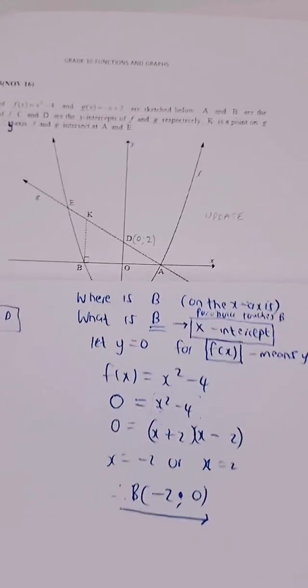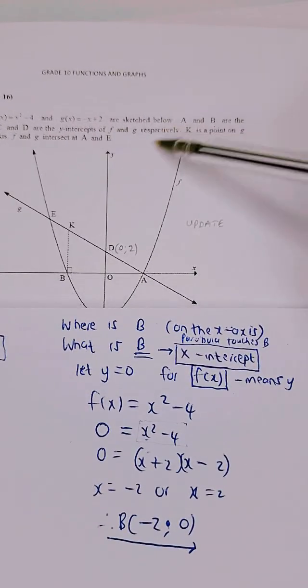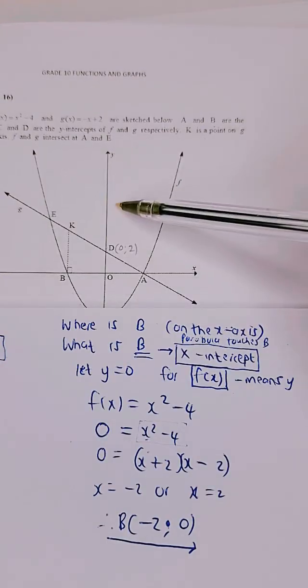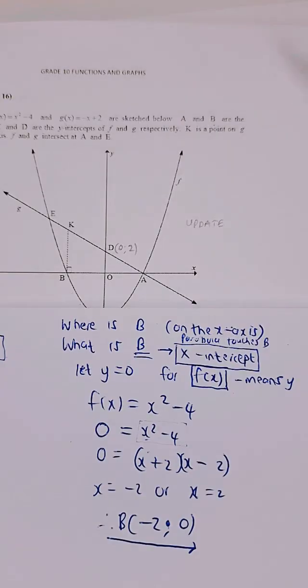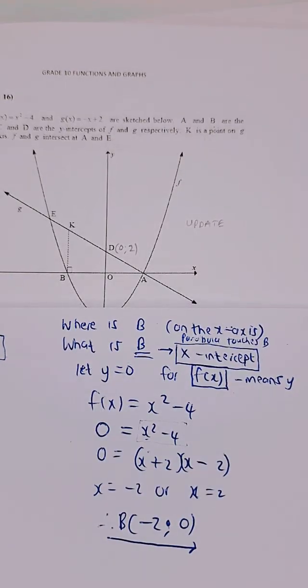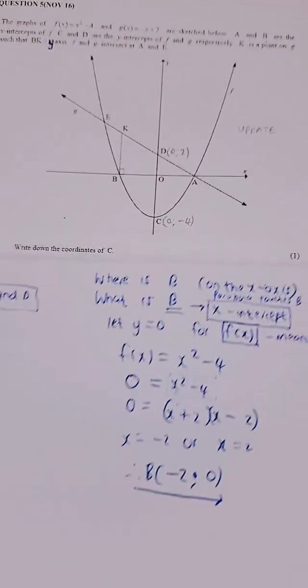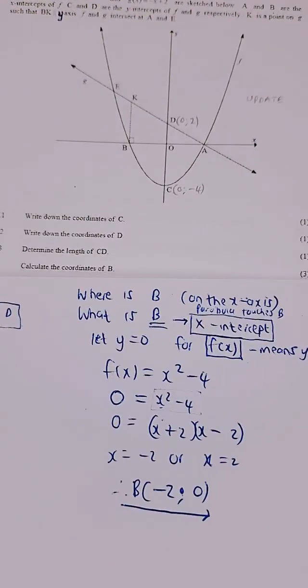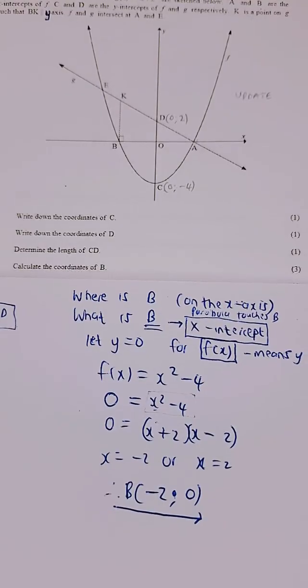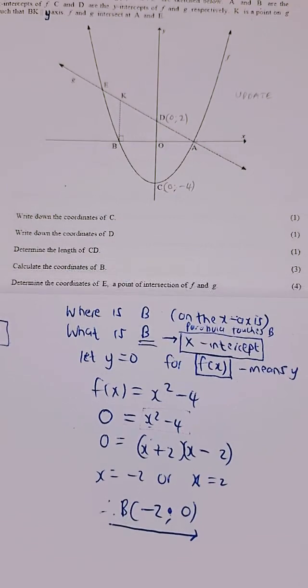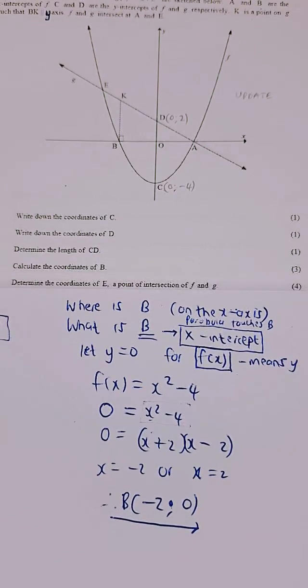Our vertical y-axis is the axis of symmetry, and it is consistently the equation x is equal to 0 for grade 10 parabolas, which is what we're busy with now. Okay, let's continue, guys. We got the coordinates of B. That's negative 2 and 0.